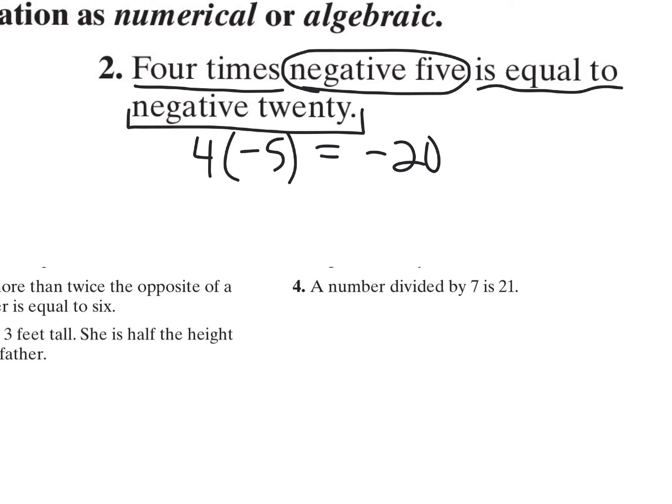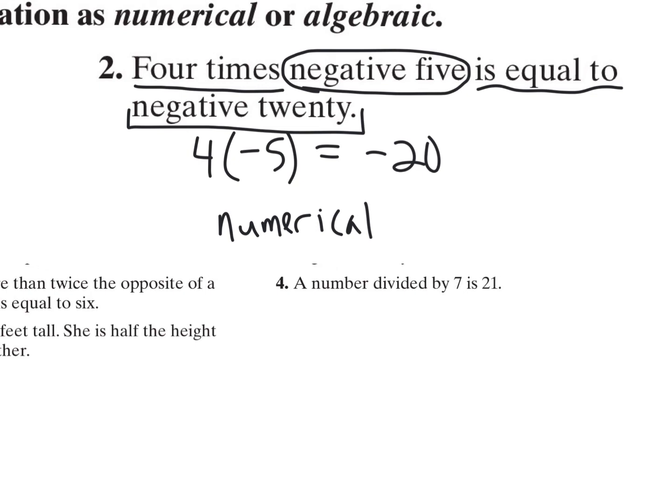If you look at that, we don't have any variables in this, so this would be numerical. And that's it. It would be true if they asked us that, but they didn't.